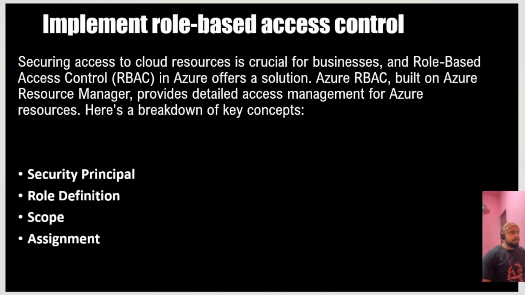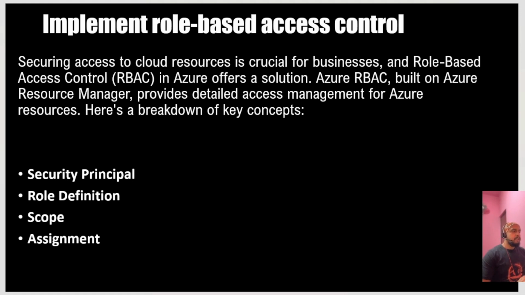Then comes scope. It specifies the level of access boundary. There should be a boundary and you have to define that. That is what scope means. You are scoping the access. Examples: you can scope to a management group, a subscription, a resource group, and a resource as well. Then comes assignment.